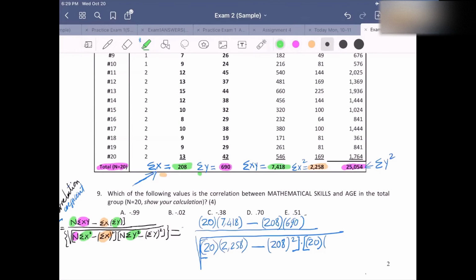All right. So the sum of the y squared is right here, everyone. Brittany got it too. So it should be 25,054, right? So that is the sum of the y squared. Now minus the last part, okay?